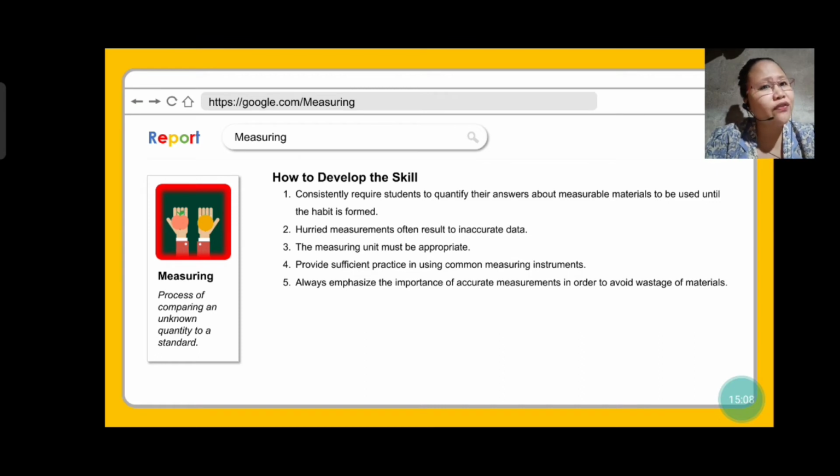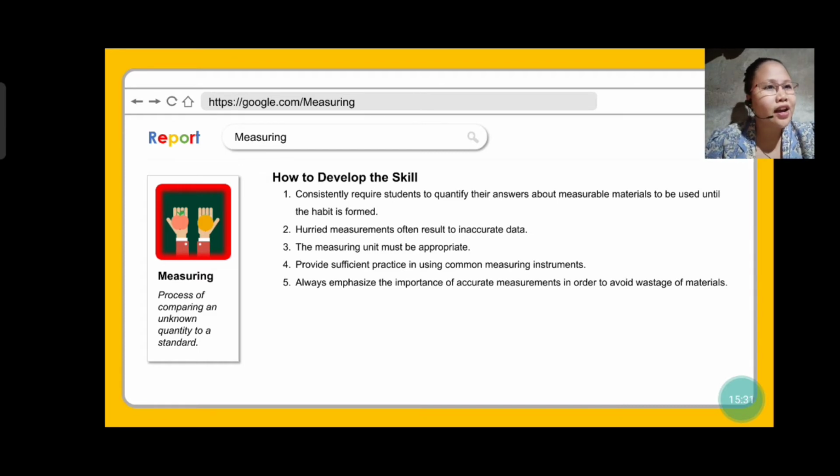Fourth is to provide sufficient practice in common measurement instruments. Of course, they should practice measuring. Sometimes the students will be confused about which unit to use.